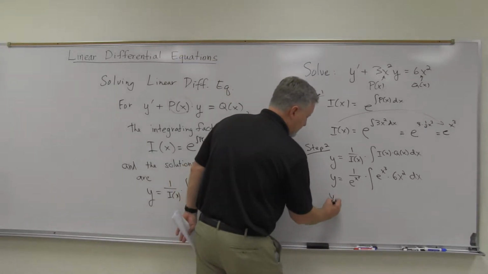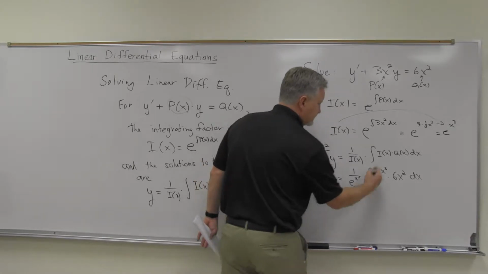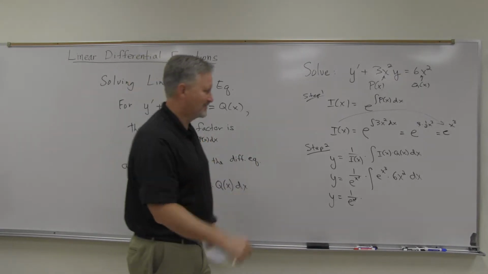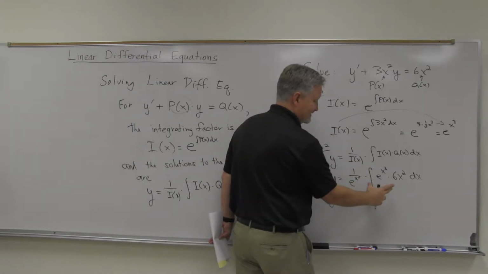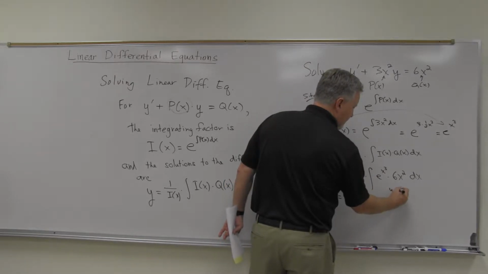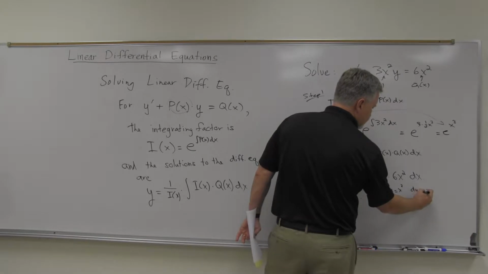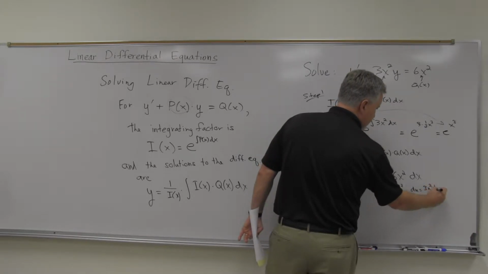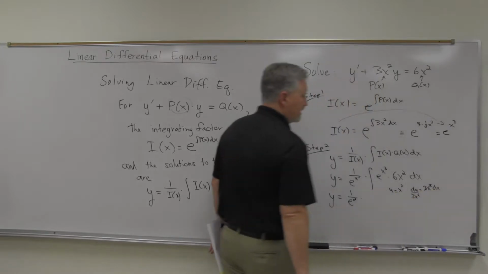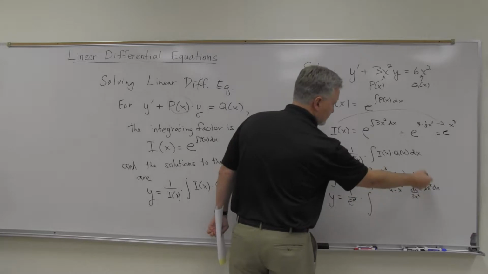All right, so how do we do this little integral here? Well, the first thing we always try, u substitution. This is u substitution, isn't it? If we let u be that power right there, x cubed of the e, then du is 3x squared dx, so du divided by 3x squared will be my replacement for dx.